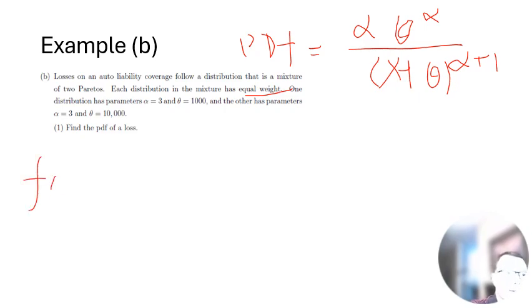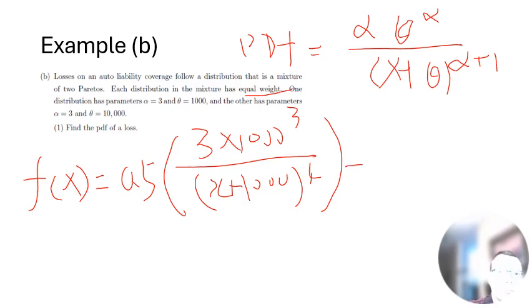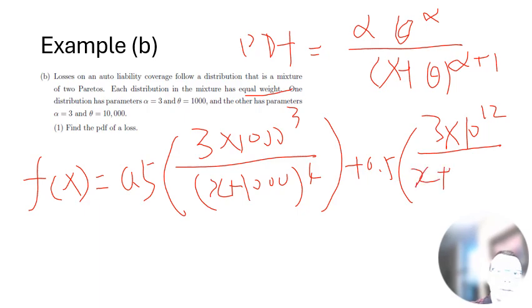So f_X can be written as: first one 0.5, then alpha is 3, theta is 1000, times 3 times 1000 to the third power, divided by x plus 1000 to the fourth power, plus 0.5. Here alpha is 3, but theta is 10,000, so it's 3 times 10,000 to the third power, divided by x plus 10,000 to the fourth power.